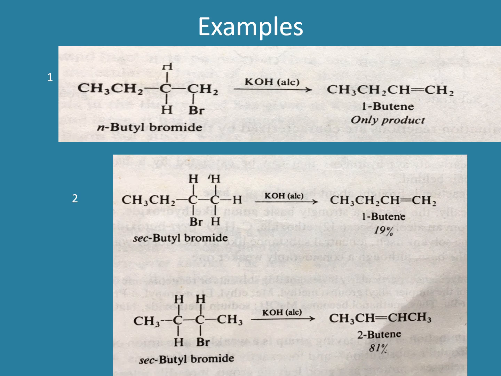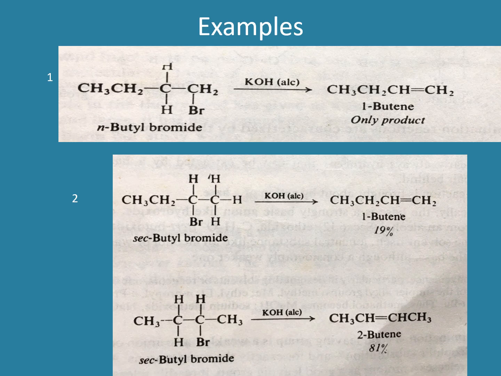In the second example, you can see that the structure is of secondary butyl bromide, and when secondary butyl bromide reacts with a strong base in alcoholic solution, there also elimination will occur, and we will get butene as a product.